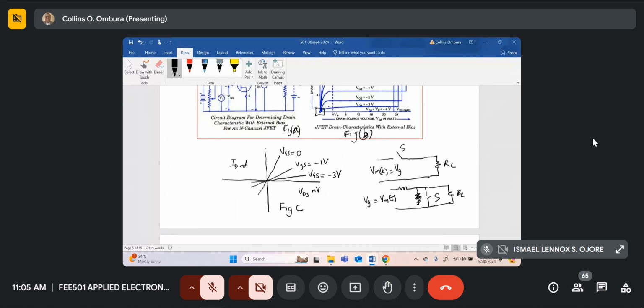Figure C shows us what is happening around the origin, because the voltage between drain and source will be about 50 millivolts. The currents will be very small, in the order of milliamps to microamps. So we're operating in the ohmic region of the FET, or the pre-pinch-off region of the FET.